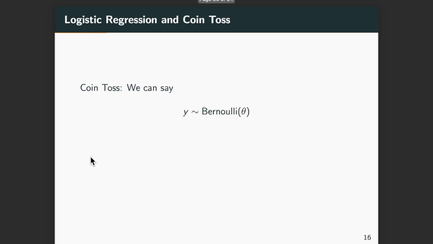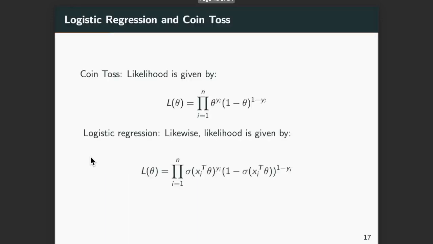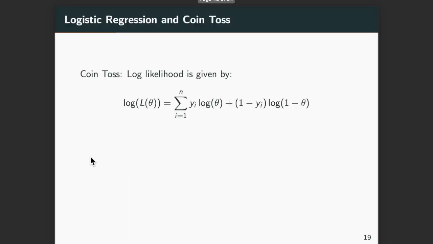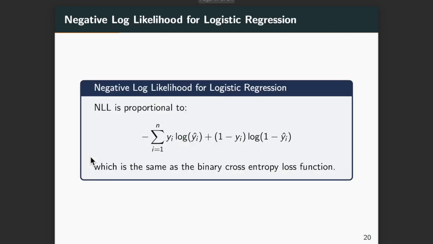After that, we can just write y is Bernoulli theta for coin toss, and we can write y is Bernoulli of sigmoid of x transpose theta, or y is Bernoulli of logits equal to x transpose theta, which is a better or easier way to represent. And beyond that, we can compute the log likelihood. The negative log likelihood comes out to be equivalent to the cross entropy loss function.